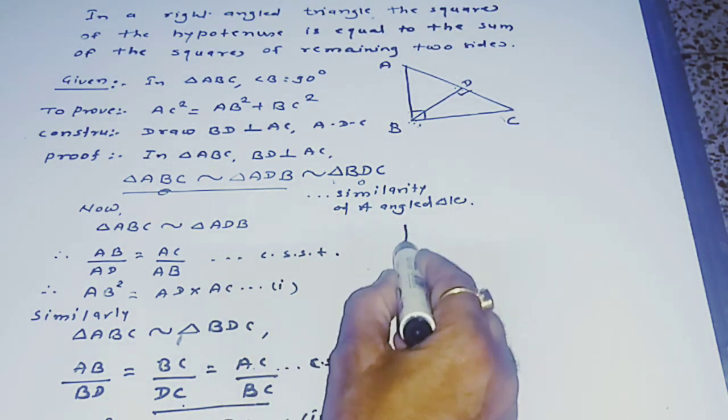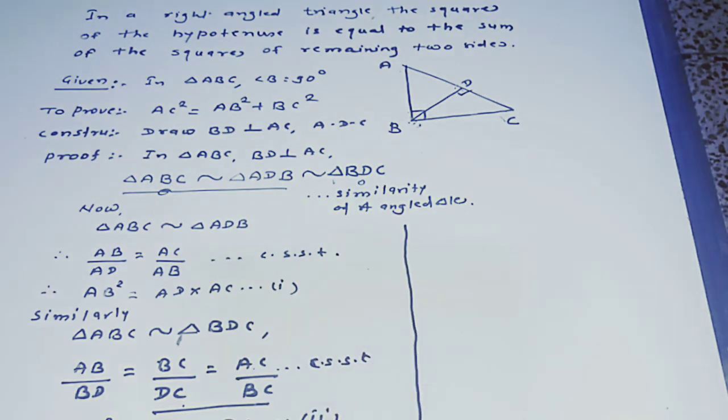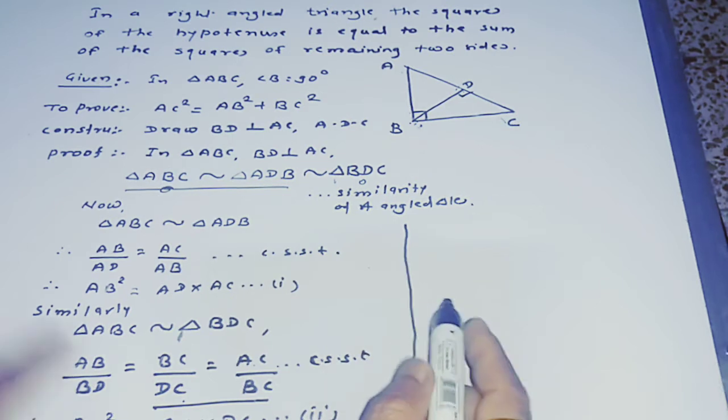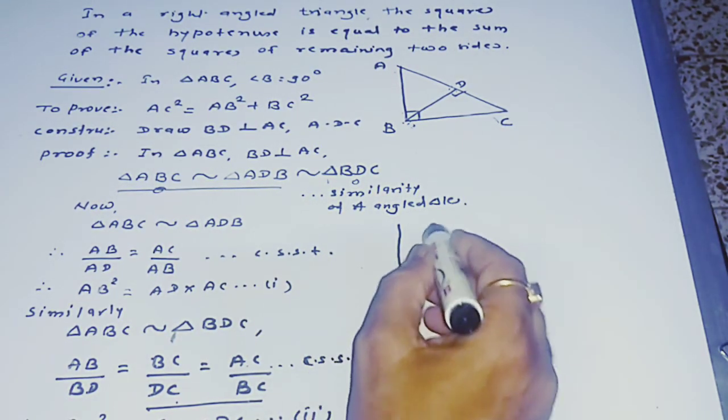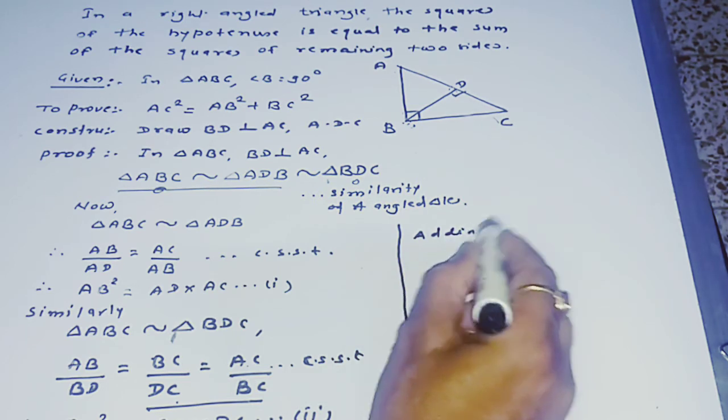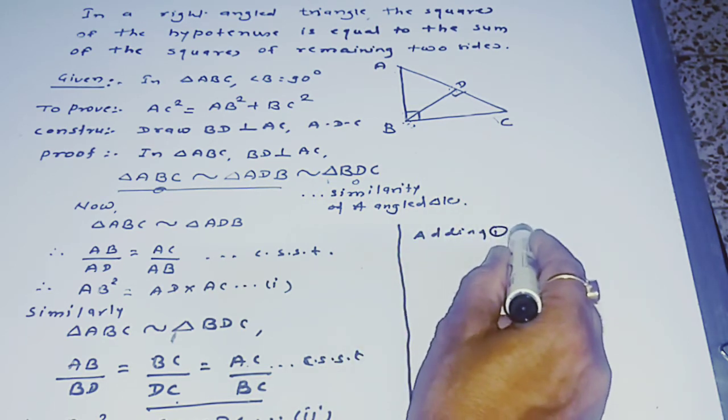Now see that here, adding 1 and 2. So what do we get adding 1 and 2?